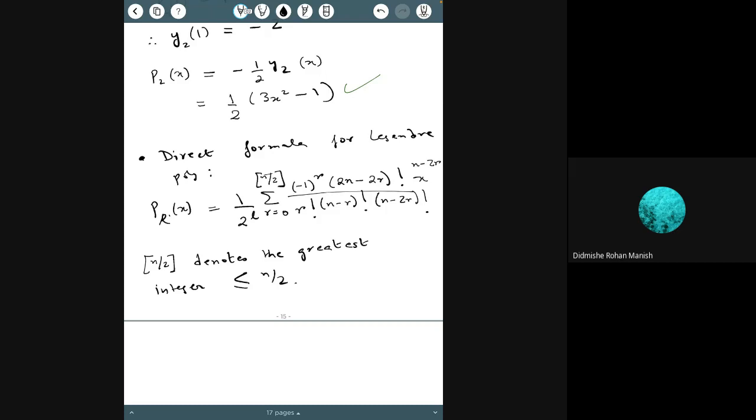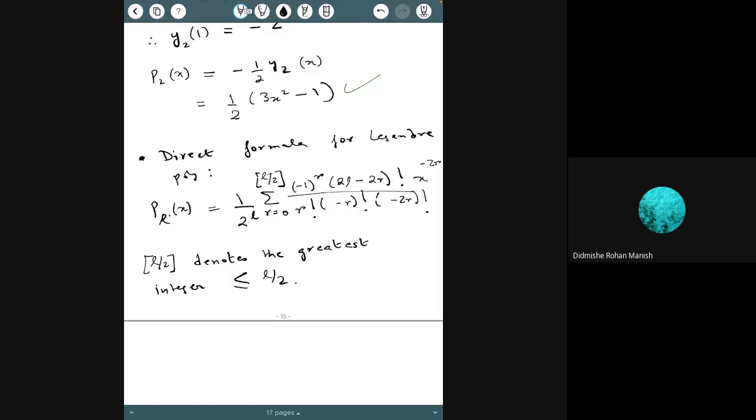So if n is, or here I've written L again. Oh, I need to change all the n's to L's. That is the problem when the formula is difficult and you're copying from somewhere.